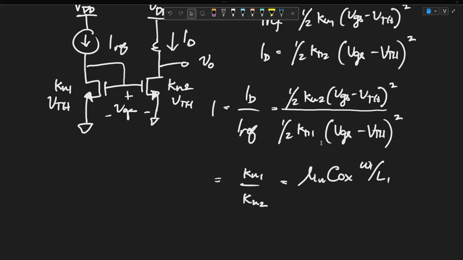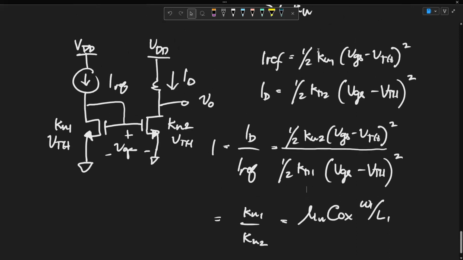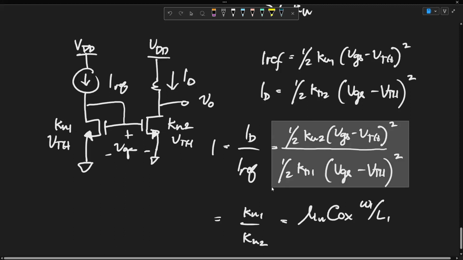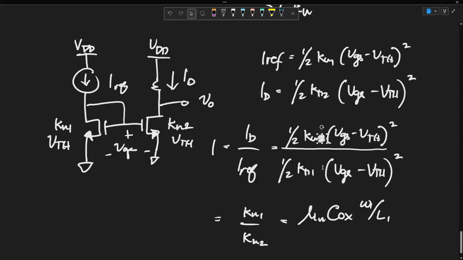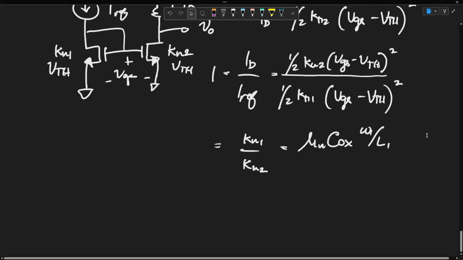Sorry, yeah. Bakit binaliktad ang Kn1 and Kn2? Hindi, well, okay, tama, binaliktad siya. Kasi kinopy-paste ko to, di ba? Tapos binaliktad ko yung dalawang subscript. Kasi ID is this one, Iref is this one, di ba? So Iref becomes this, ID becomes this, no? So yun lang naman yung ginawa natin. It's just that I tried to change it, but I wrote the exact same thing, no? So that was my bad.